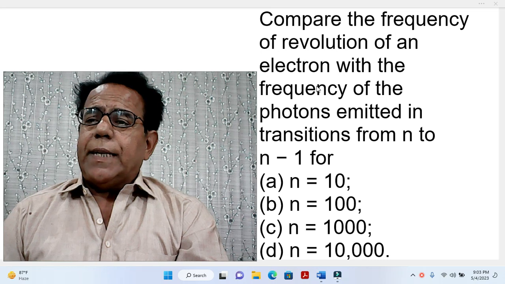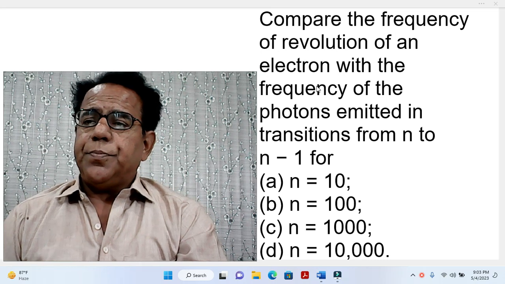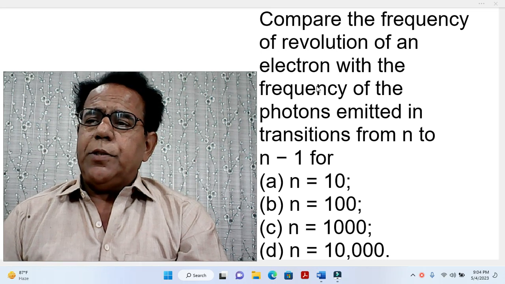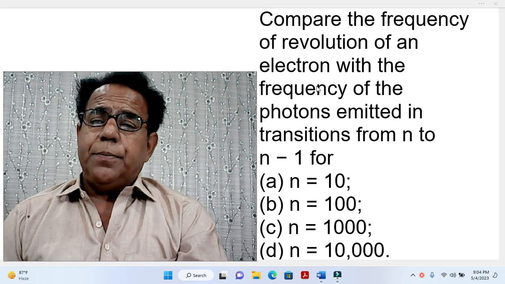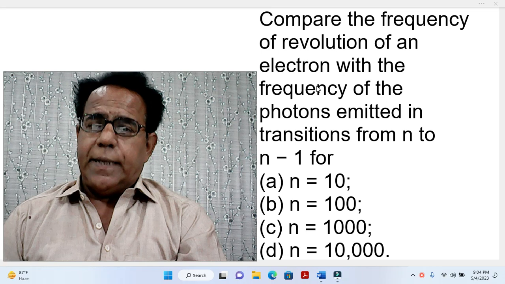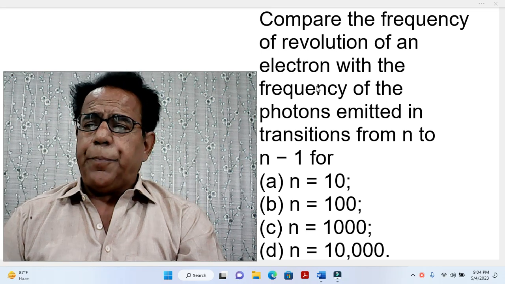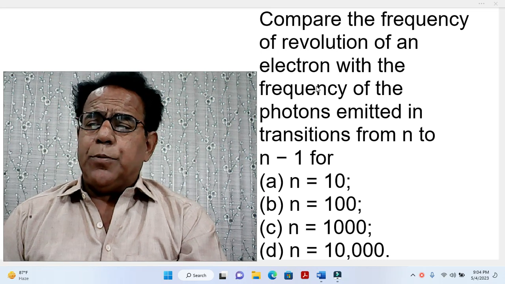This is our next problem, chosen from the same book, that is Modern Physics by Kenneth S. Crane. As usual, we first come to its statement.